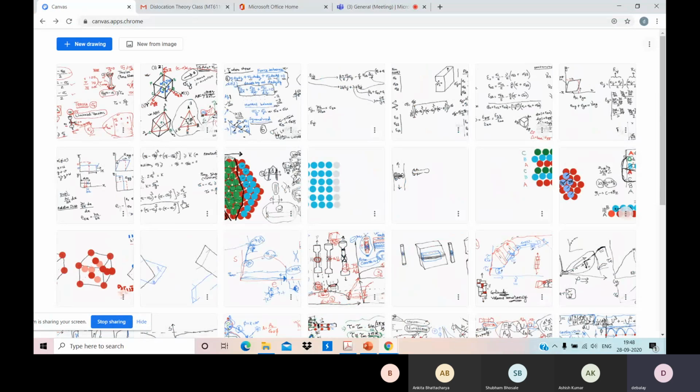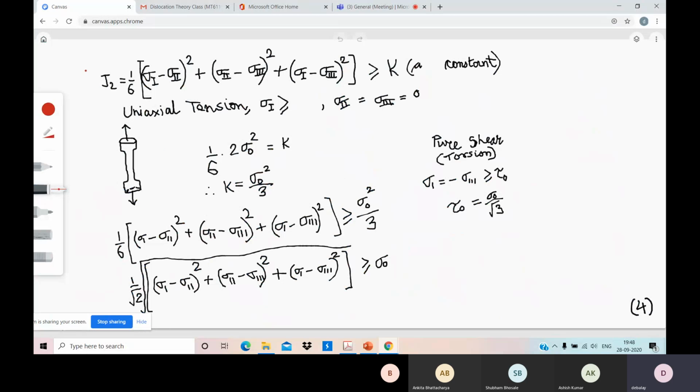I have to come to my next derivation, which is this. Von Mises said when this expression, the second invariant of the stress deviator component, exceeds a critical value, which is a constant, and this expression is a generalized expression applicable to any type of loading, whether you apply tension, torsion, bending, shear, whatever, however complex, all will come under this general expression.